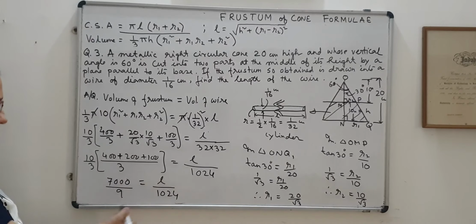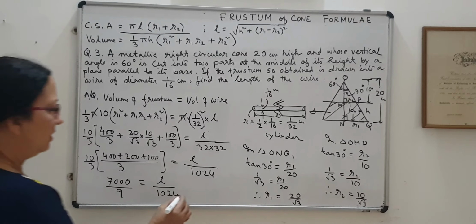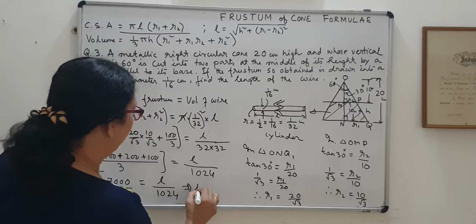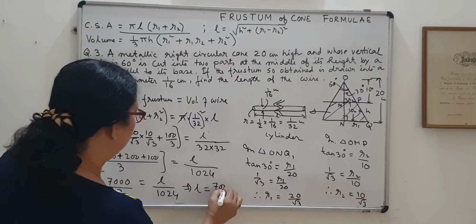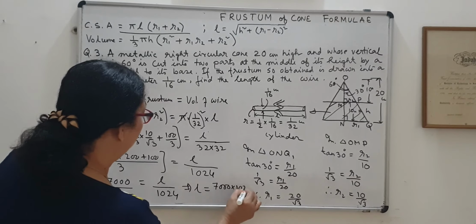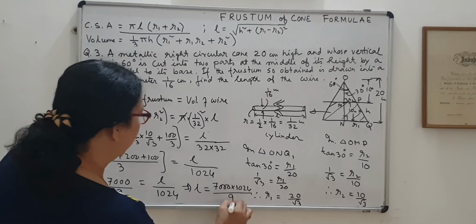So by cross multiplying we will get the value of L. From this I am getting the value of L to be 7000 into 1024 by 9.